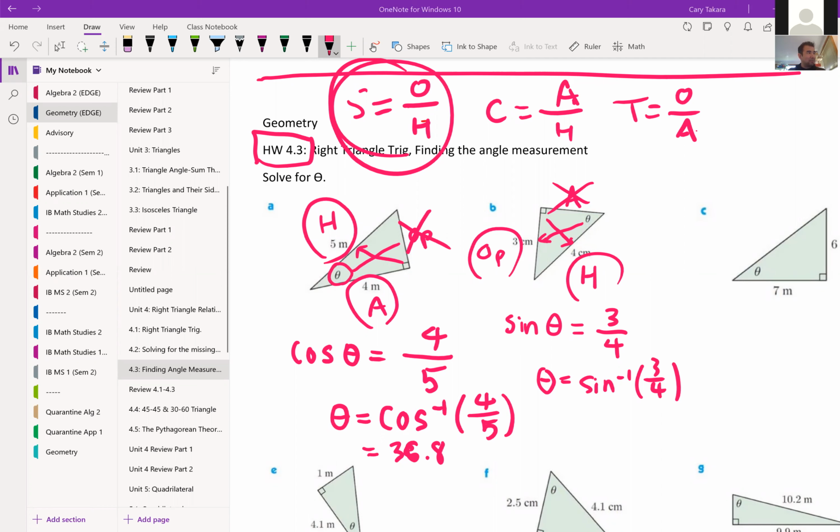So let's go inverse sine of 3 divided by 4. Very good. 48.59, or let's put 48.6 or 48.5. That's fine. Nice job.